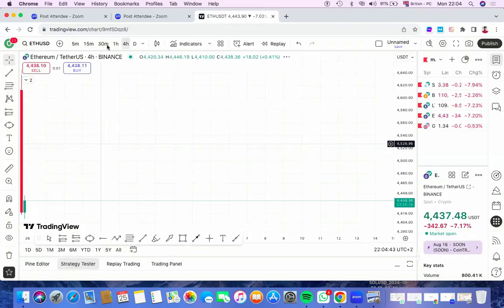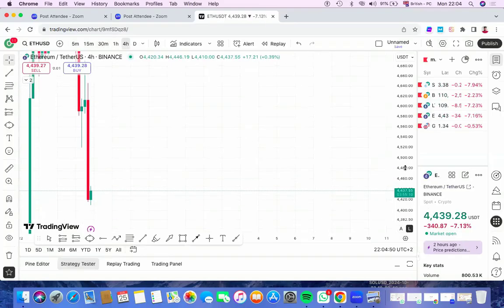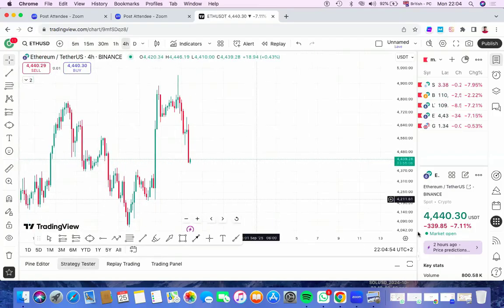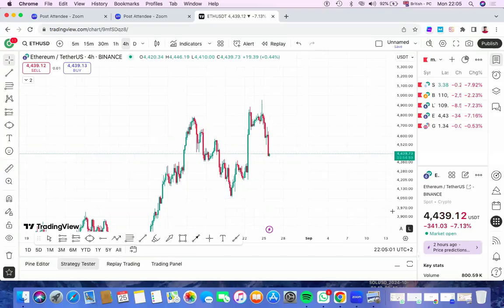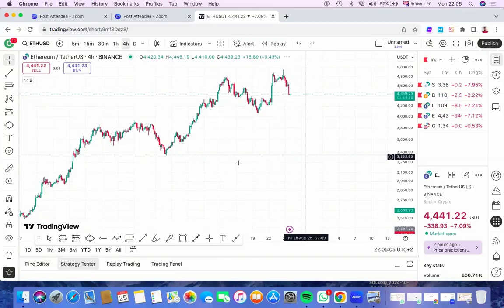We always recommend that we do a top-down analysis. For you to identify the trend, you want to go to a higher time frame, either the daily or a 4-hour time frame.